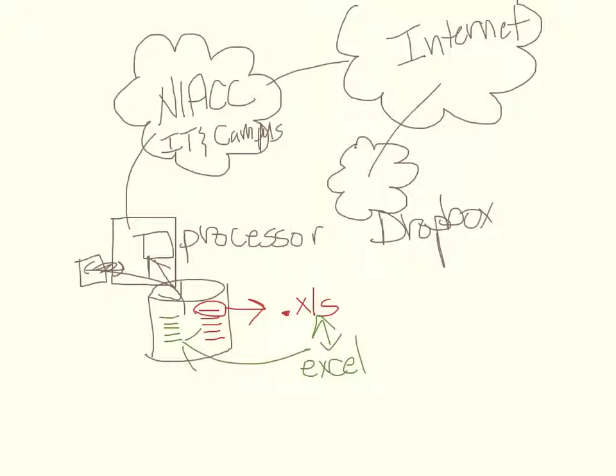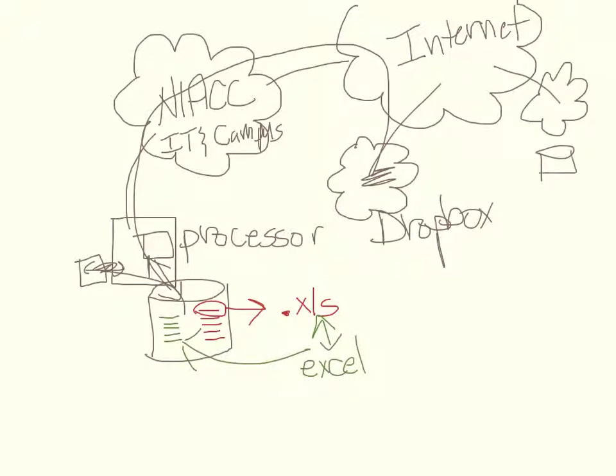And so I showed we could take the files I'm working on here and put them in the Dropbox, and then I have a little network at home in which my wife and I have our computers connected. We're connected to the internet, so I can be at home on my laptop or a desktop, go out to Dropbox, get those files, and bring them back here. If I want to, I could save them on my hard drive. Now, some people use these as backup and or to move files between locations.